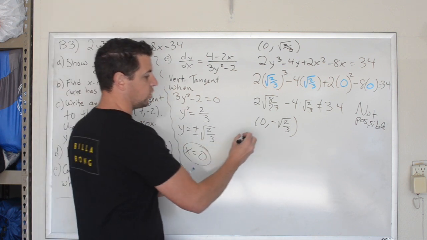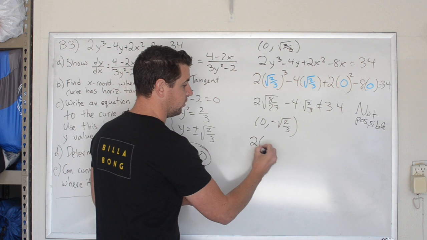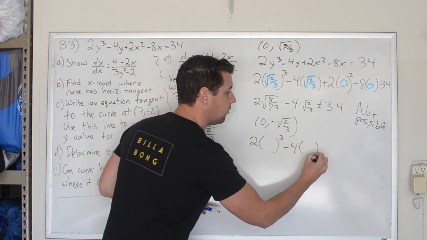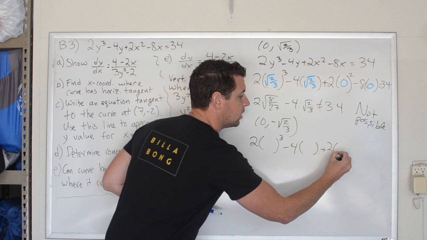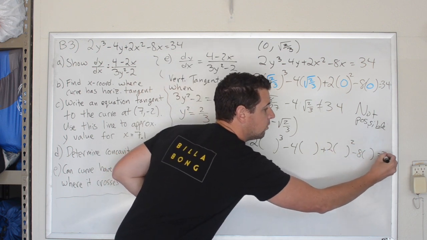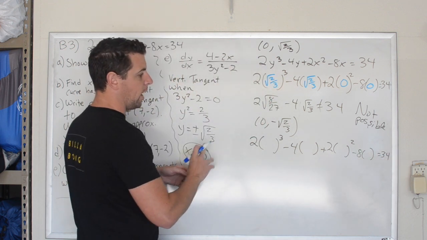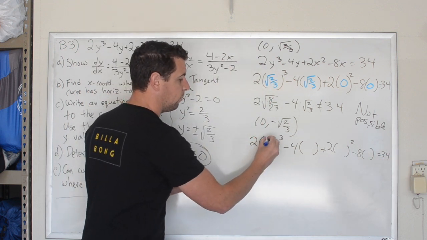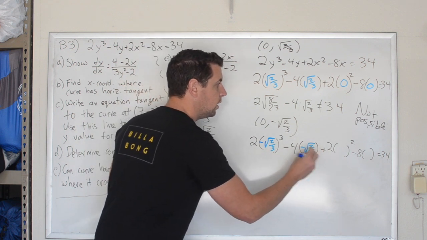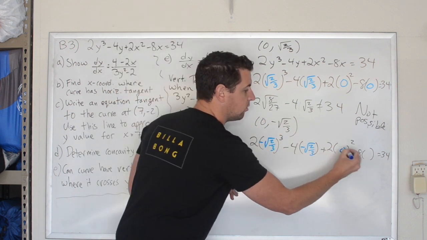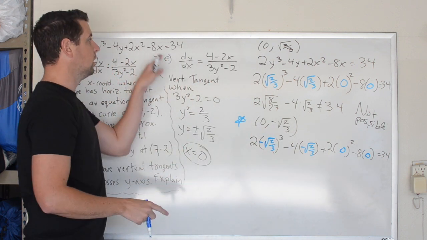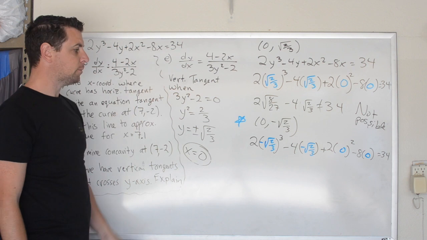So I'm going to jump straight to the substitution: 2y cubed minus 4y plus 2 times 0 squared minus 8 times 0 equals 34. For the y value, I'm putting in negative radical 2/3, and for the x value, I'm putting in 0. Again, I'm testing this point in the original equation.